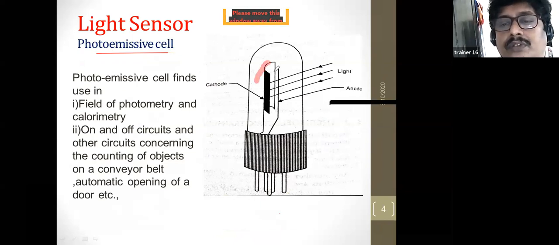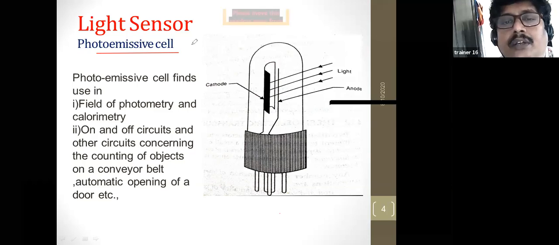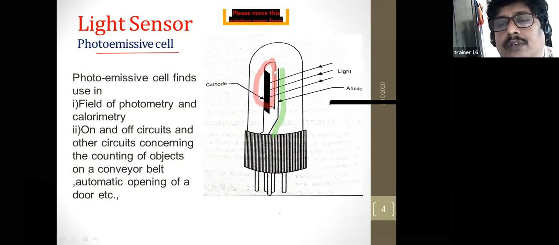This is the cathode, right? And here one anode plate. This is the anode. This is the cathode plate, and this is the anode.